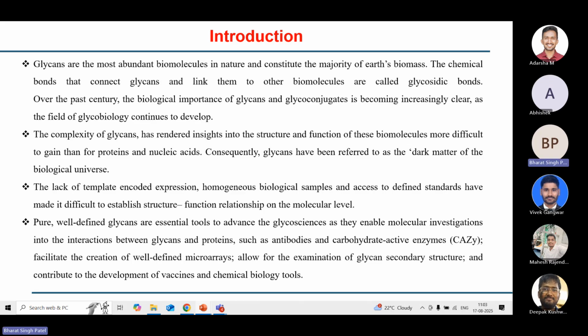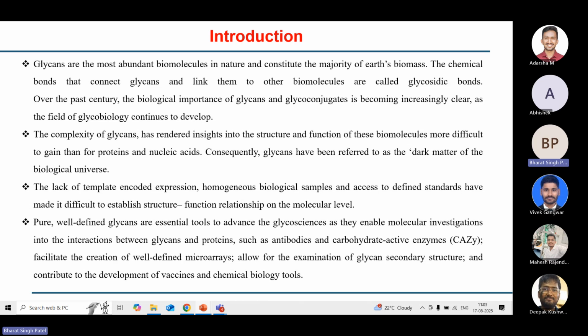Those glycans are connected by the glycosidic bond, and glycosylation can be driven by a number of factors.